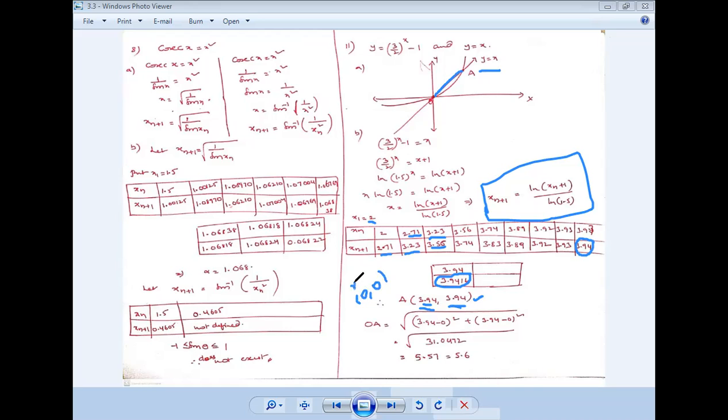If I take the origin as x1, y1, and this point as x2, y2, and you simplify this, you will get the value over here. They're asking for 2 significant figures, so 5.6. So this is how we have to solve the problem by using the iterative method.